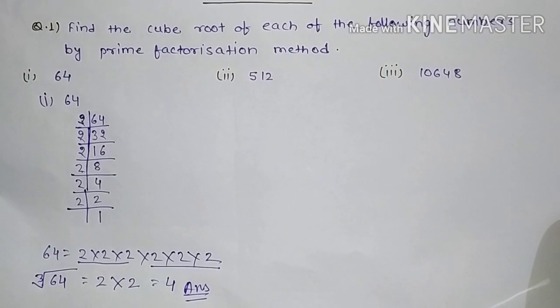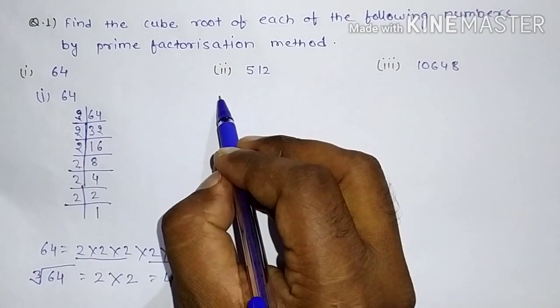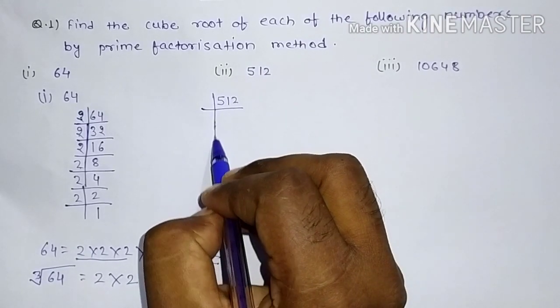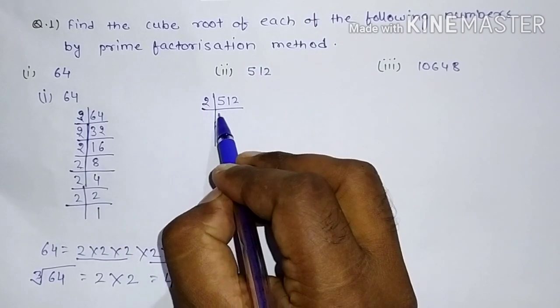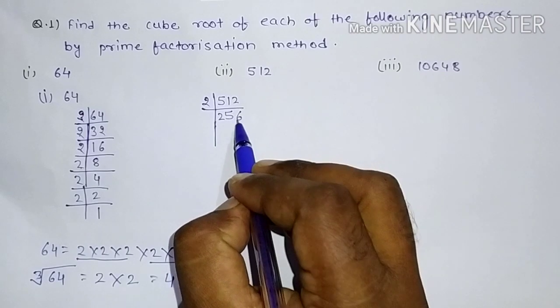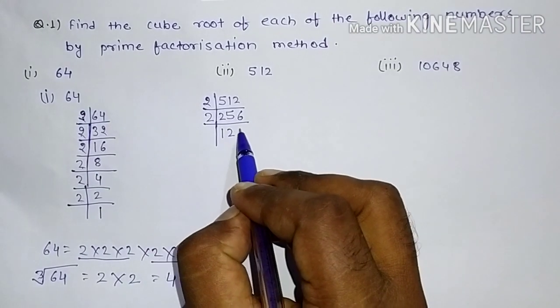Similarly, question number second, that is 512. Again, find prime factors of 512. So just divide by 2. So 2 2 are 4. Carry 1, 11, 2 5 are 10, 2 6 are 12. Again divide by 2, that is 2 1 are 2, 2 2 are 4, and 2 8 are 16.